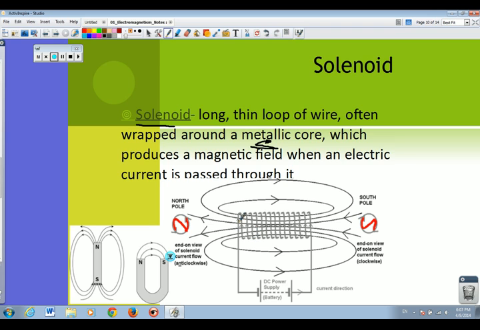So when you pass a current through that wire, it's going around, coming back down this way, you've got moving electrons. Now you have a magnetic field developed. Remember, the field lines go from north to south. Sometimes you'll see a horseshoe magnet used. But remember, you need a current carrying wire, and you loop it around some metallic core.